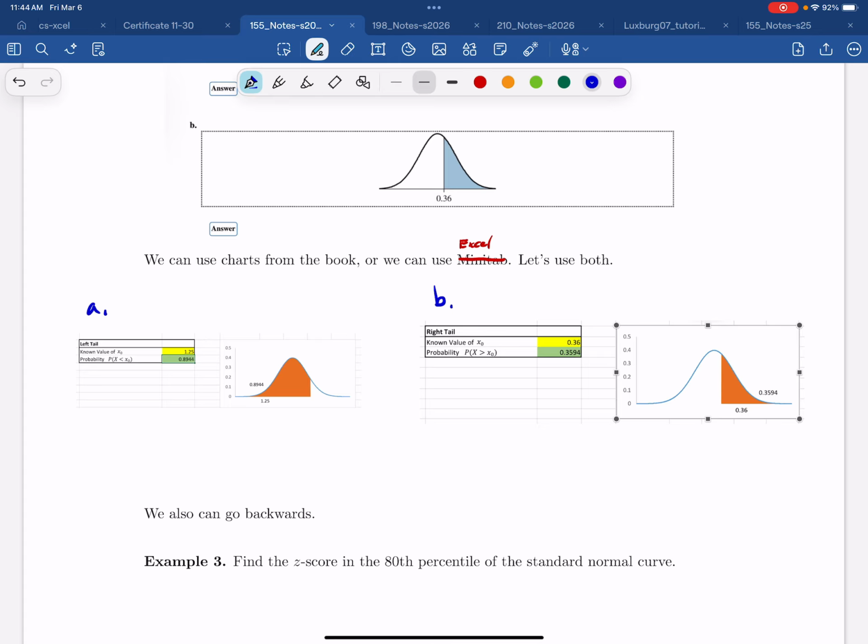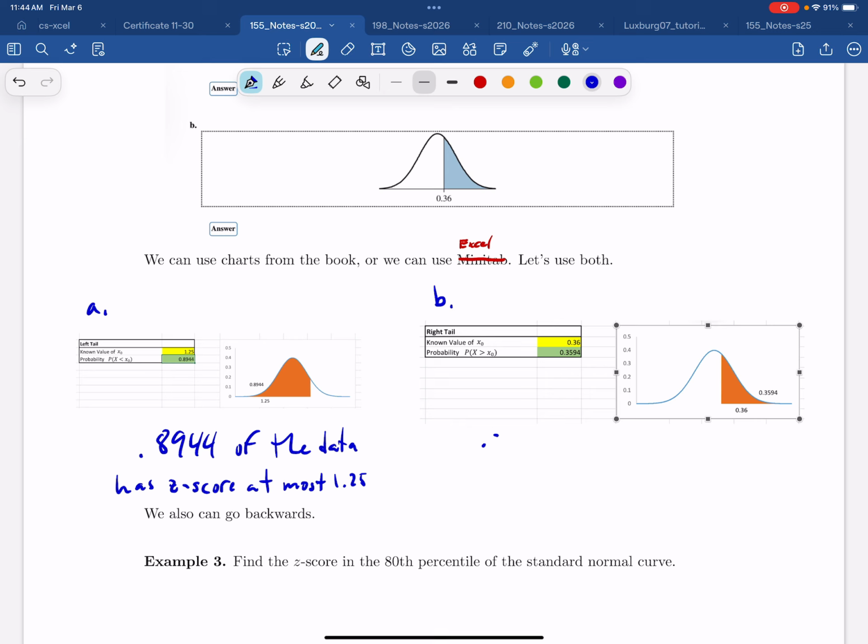Right, so just to be clear, our answer for this one is 0.8944 of the data has z-score at most 1.25.